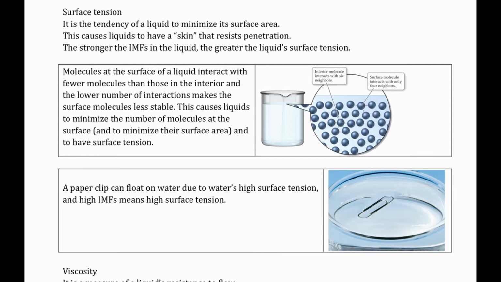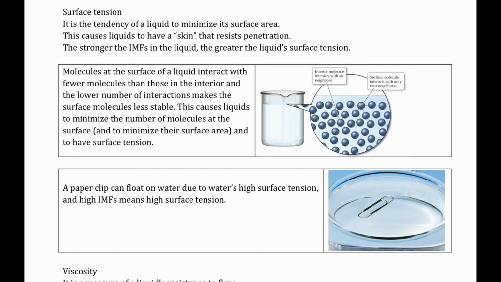This imbalance between the molecules at the surface and those in the interior makes it so the molecules don't want to be at the surface. They'd rather be more in the middle, where they're more balanced. So the liquid reacts by minimizing its surface area, making for a surface tension.